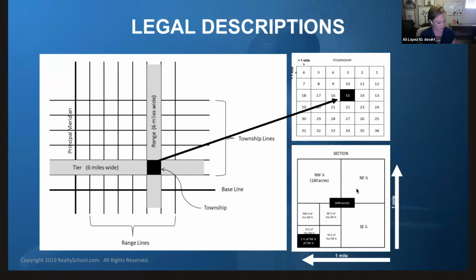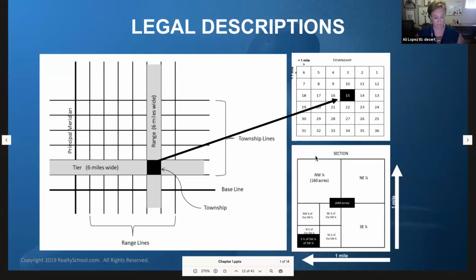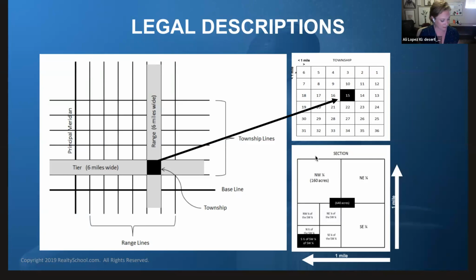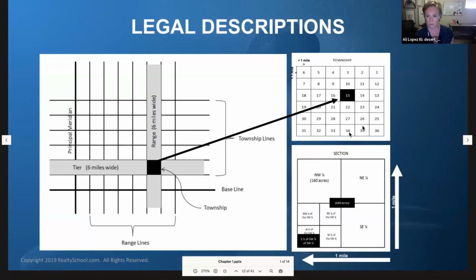Each of the squares labeled 1 through 36 refers to a section of land. And each section measures 5,280 feet on a side and contains 640 acres of land.